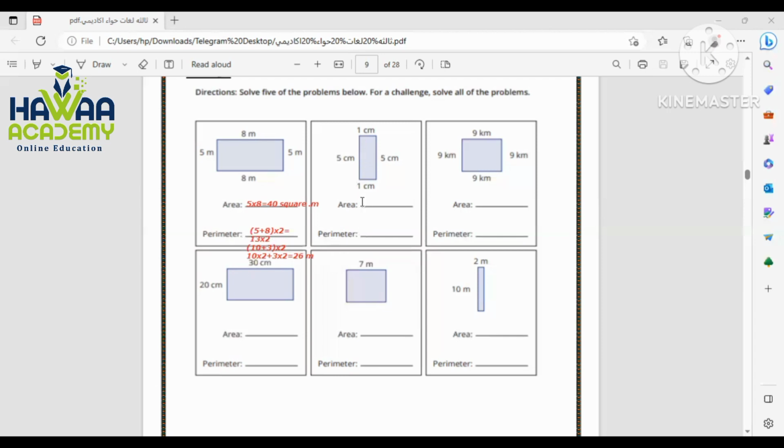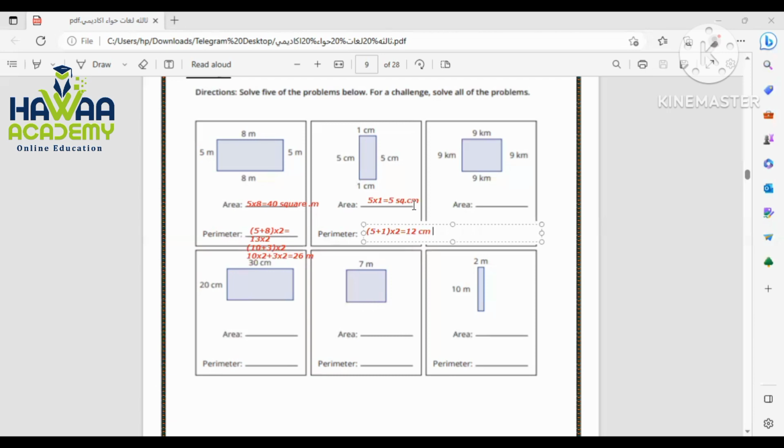Okay, let's see here. The area will be 5 times 1 equals 5 square centimeters, and the perimeter will be 5 plus 1 times 2. 5 plus 1 is 6, times 2 equals 12 centimeters.